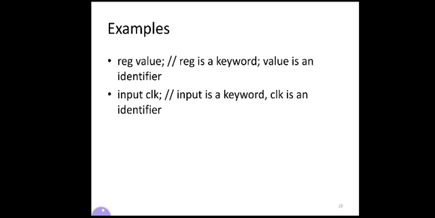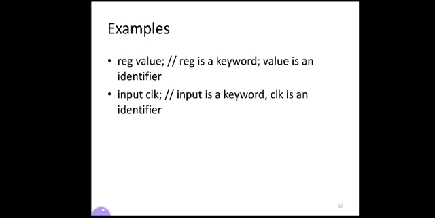The examples: reg. So reg is a keyword. Reg is a register, and it's a keyword. All the letters are written in small case, so keywords must be small case letters only. It has some meaning in Verilog HDL programming.